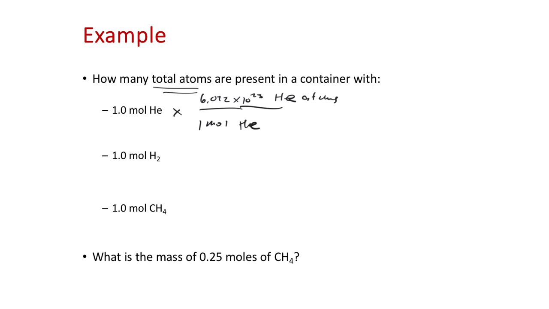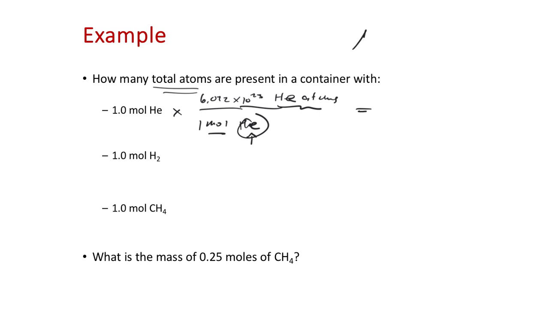Whenever I'm thinking I have a mole of this, it's Avogadro's number of whatever that is. Helium is just a single atom, so having a mole of helium is a mole of that atom. And so, of course, this is just Avogadro's number.